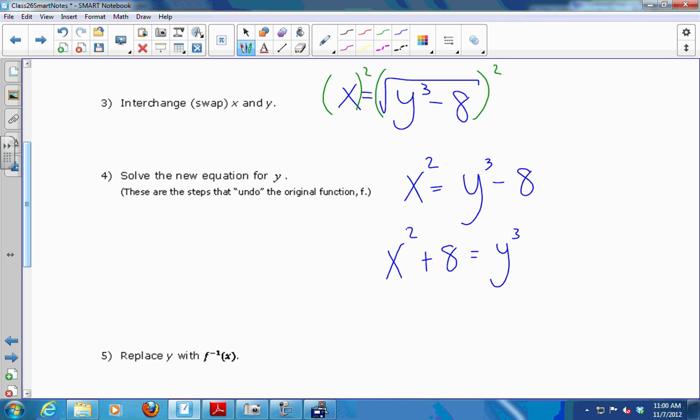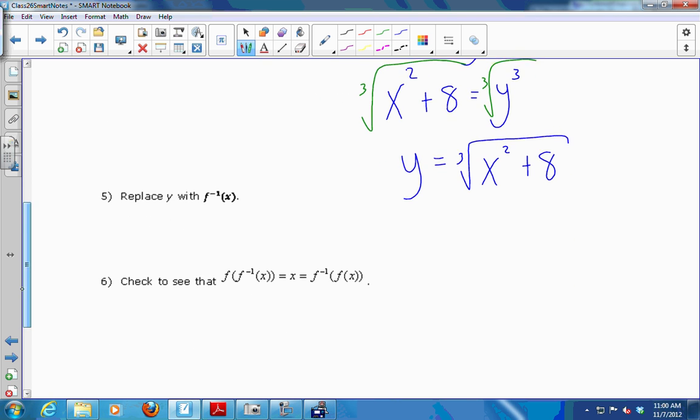Cube root both sides. Great. To undo the cube, we take the cube root. So I end up with y equals the cube root of x squared plus 8.